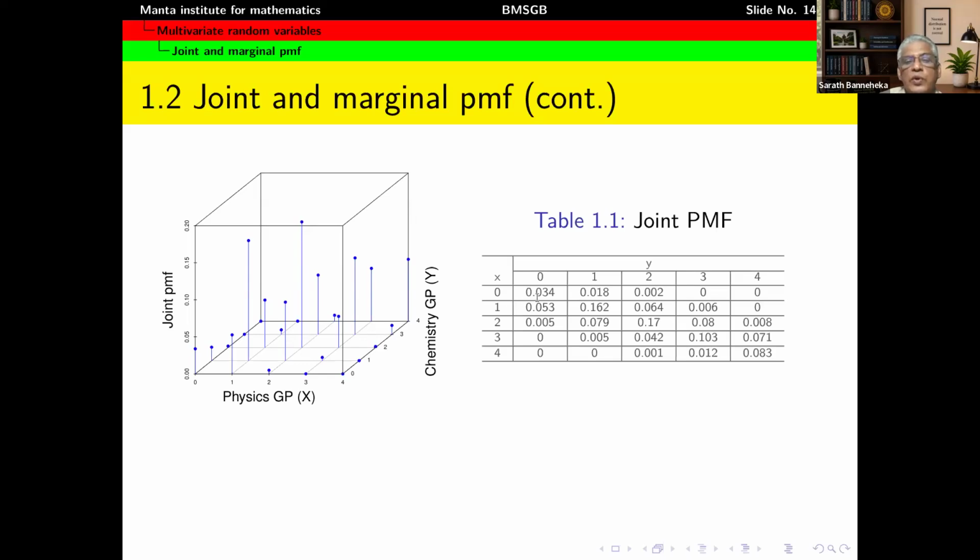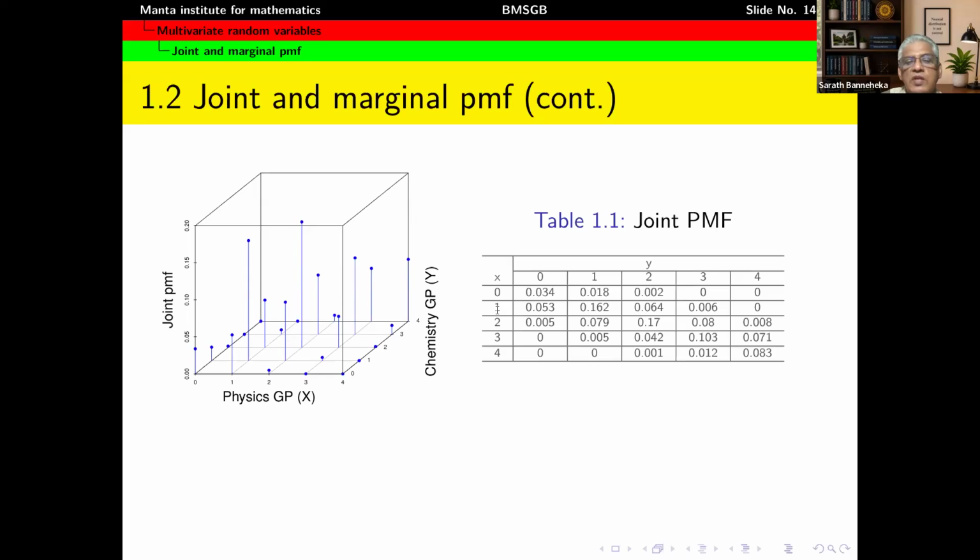And also, if you look at the highest proportion here, you can see those who got 0 for physics have the highest tendency to get 0 for chemistry as well. This is the largest proportion in this row. So that is an interesting thing actually. Those who are weak in physics are more likely to be very weak in chemistry as well.